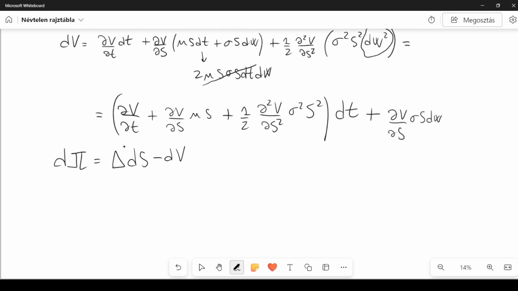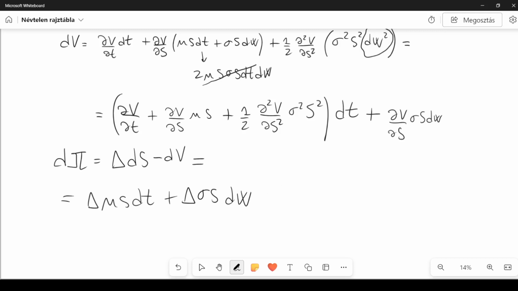Now, we want to choose delta in such a way that we want to minimize the fluctuations. So first, we replace ds with this definition here. So we have delta mu s dt plus delta sigma s dw.